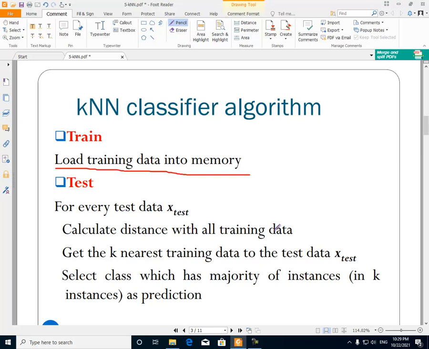Okay, so it's very simple. Every test data that comes, we calculate the distance with all the training data, and then we get the nearest training data to the test data, and then we select the class which has the majority of instances as the prediction.